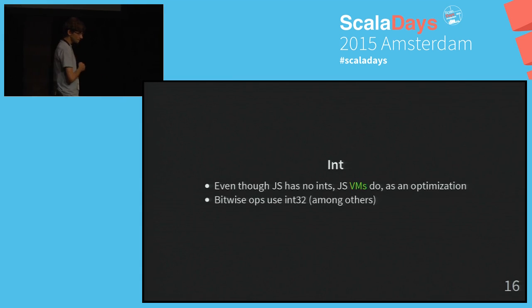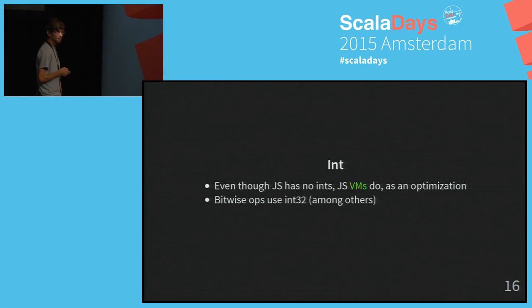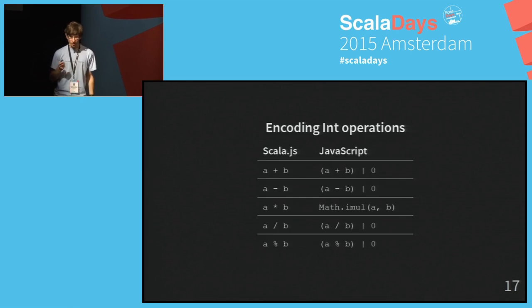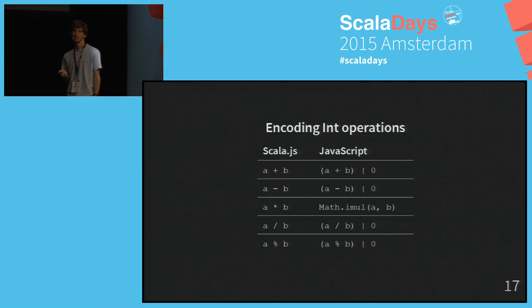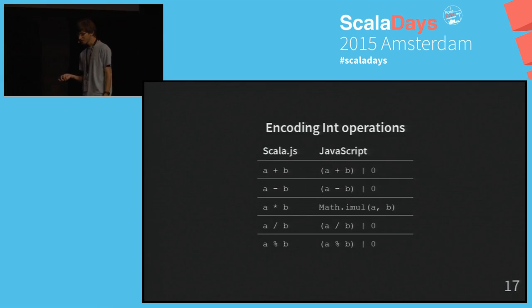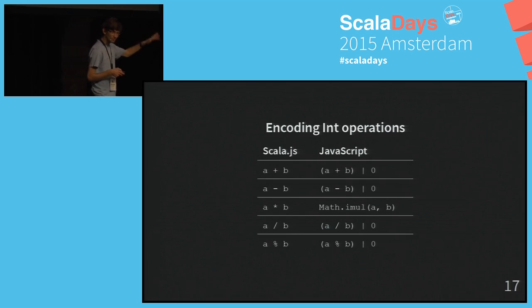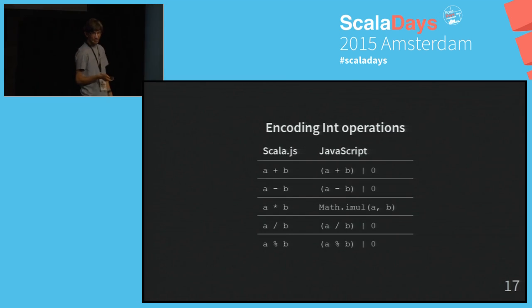So when you have these bitwise operations and you know a little bit about modulo 32 arithmetic, you can encode all the operations on Scala Int so that they will behave in the correct way on a JavaScript VM, in the sense that it will wrap around the 32-bit boundaries. So this is how you do it. So a plus b becomes a plus b binary or 0. And you have a lot of other stuff.